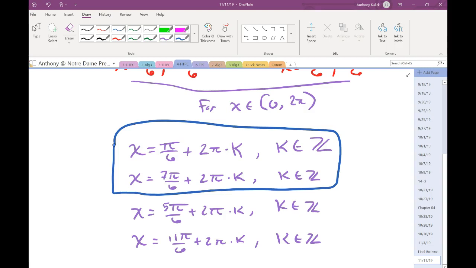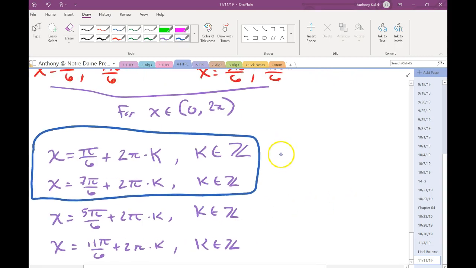So if I then compared 7 pi over 6 with the next coterminal angle to pi over 6, how far apart are those going to be? Pi again, right?